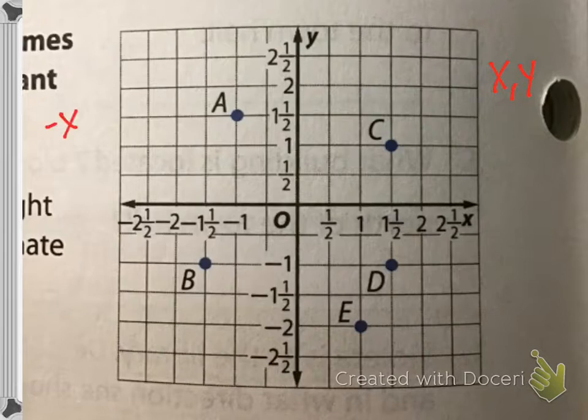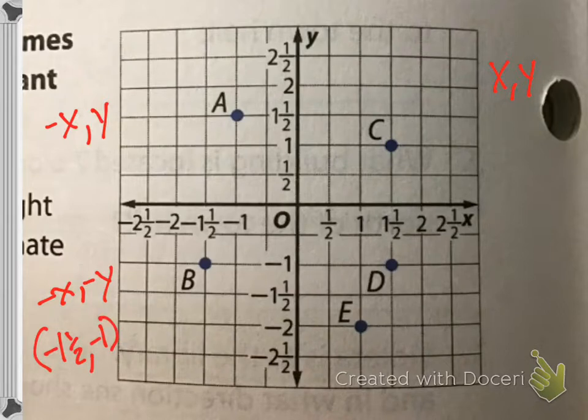In this one, we had a negative x and a positive y. What about for B? What kind of values are we going to have for point B? Lucy? Both are going to be negative, and can you tell me what the values are? 1.5, negative 1.5, -1. Perfect. Look, they're both negative. So that's how we do points in the coordinate plane.